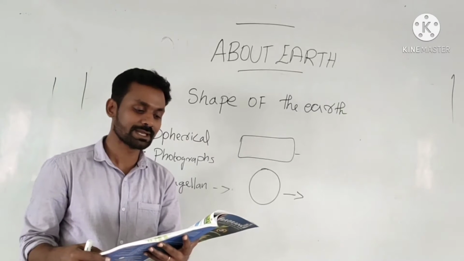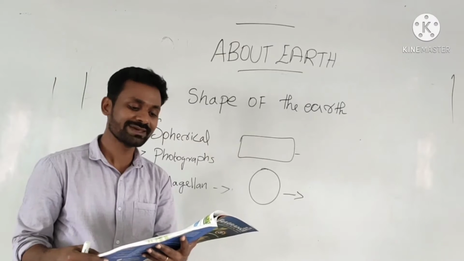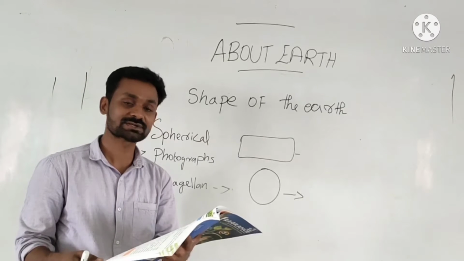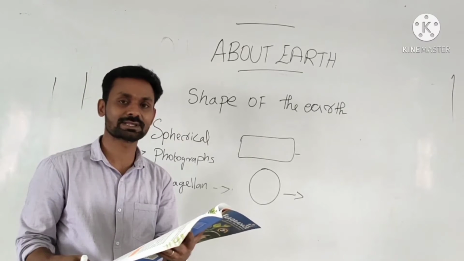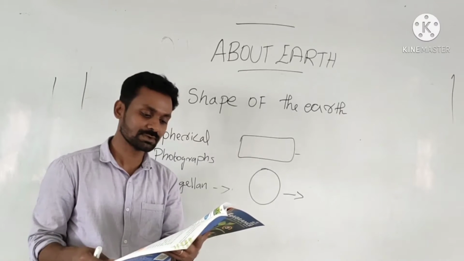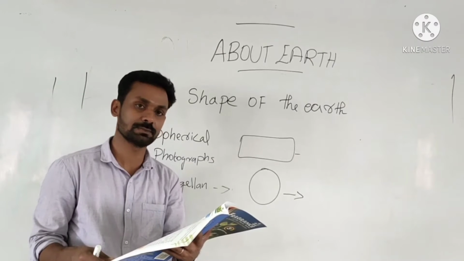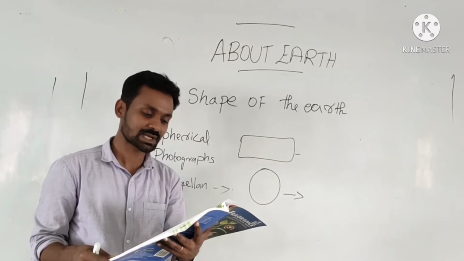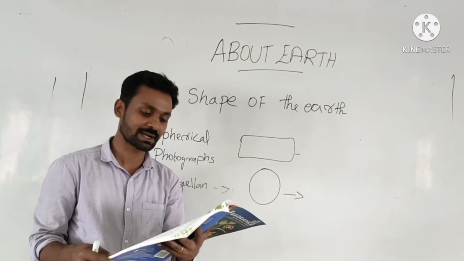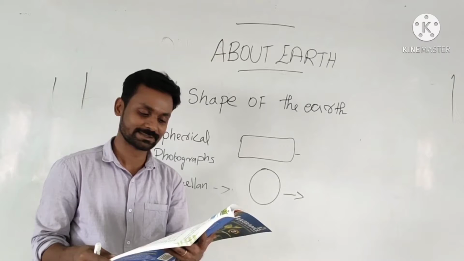Finally his ship reached the same place from where he had started after traveling over 67,000 kilometers. So Magellan was successful in proving that the earth was spherical in shape. He had reached the same destination after a long and difficult journey covering the whole earth.